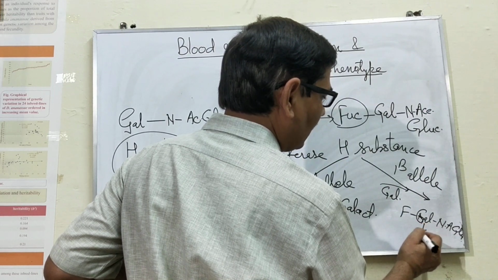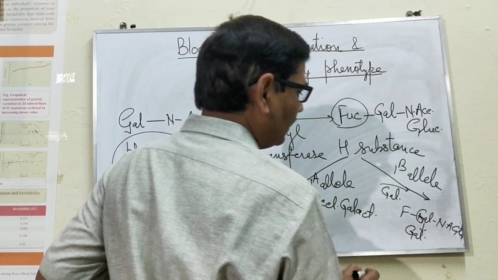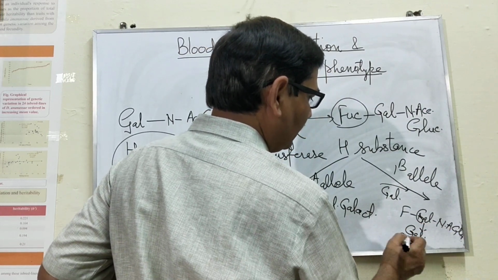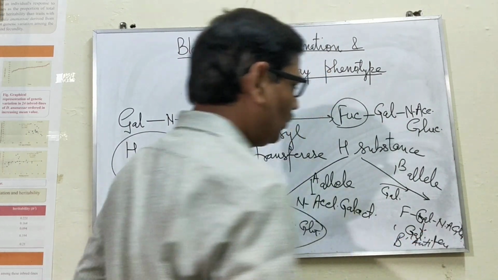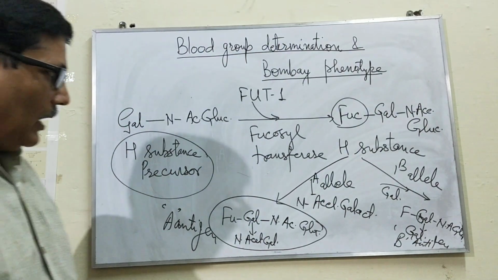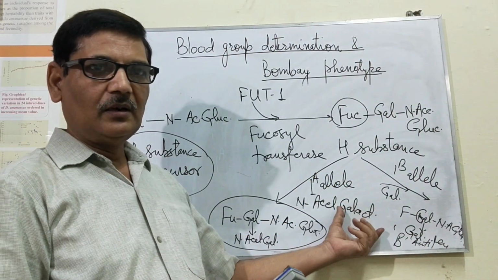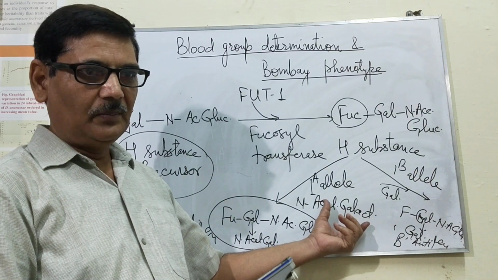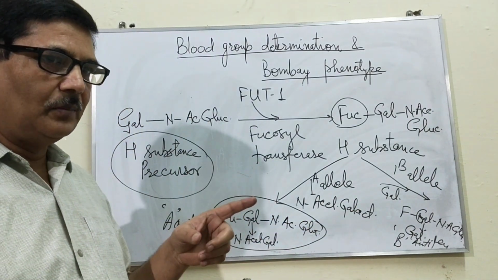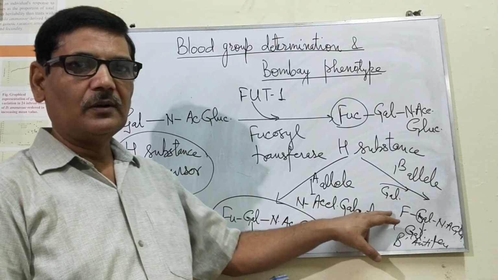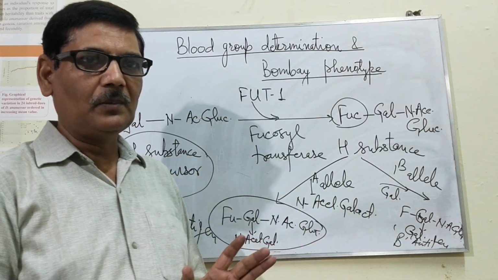With this, another galactose is added, and this becomes the B antigen. Individual's blood group will be B. If both alleles are there, like in case of AB blood group, then one will find that around the RBC membrane, A as well as B, both antigens will be present.